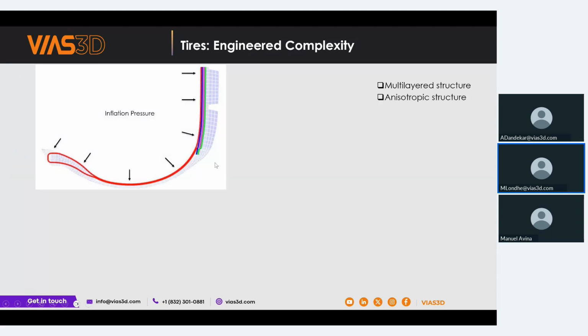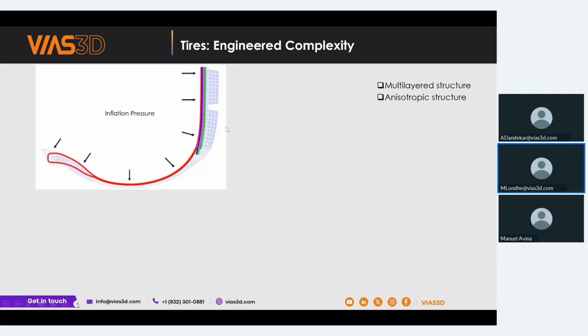If you deep dive into tires, you'll find this is actually a reinforced structure, because rubber is not capable of withstanding high pressures. So under such high pressure and different loading conditions, like vehicle loads or driving conditions, these structures are reinforced. Because of that, it becomes a highly anisotropic structure.